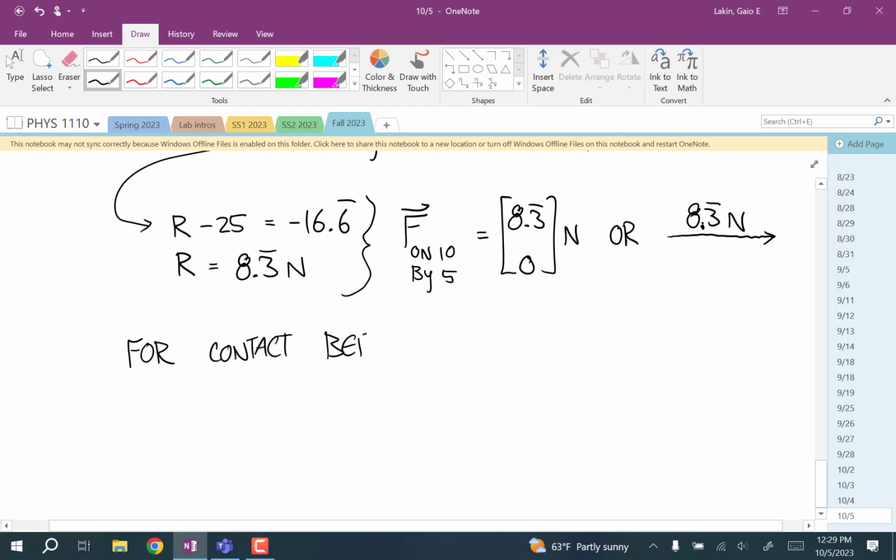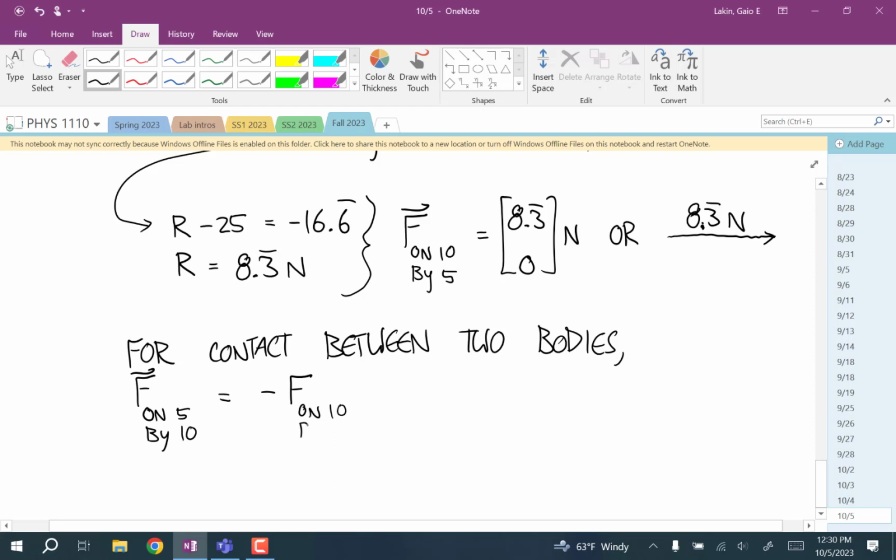So for contact between two bodies, the force on the 5 by the 10 in this case is the negative of the force on the 10 by the 5.